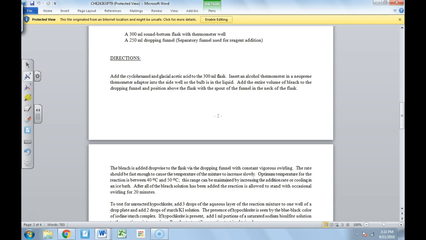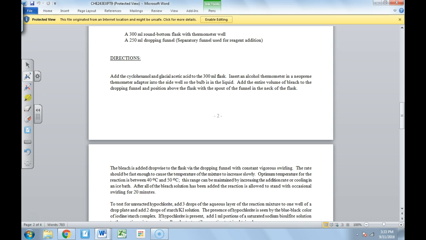Okay, and then you're also going to make sure that this reaction is temperature controlled. Now you're probably not going to have to heat it because the reaction itself is exothermic, but you want to make sure that as you add the bleach to the reaction, the reaction stays between 40 and 50 degrees.